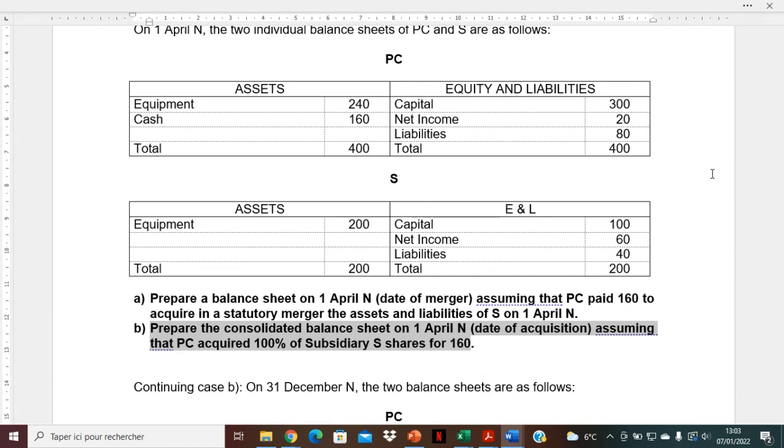We would prepare them when it is mandatory to prepare them, which means at the end of the year, maybe at the end of the quarter, if quarterly reporting is required in the country where the parent company is located. So again, usually we do not do a consolidation at the date of acquisition, but at the official financial statement dates. Okay, that's my first comment.